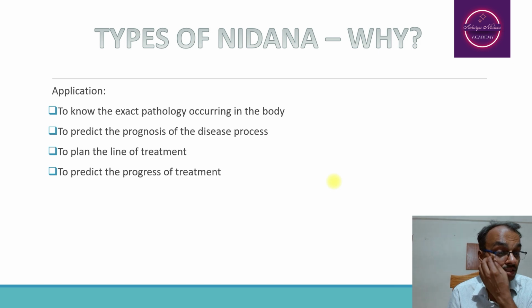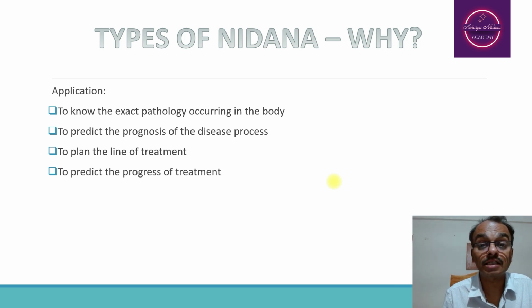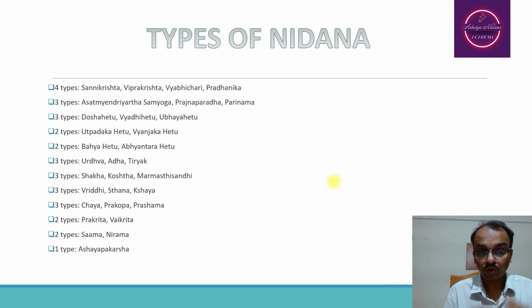If the injury is widespread, then we have to bring those pathogens into the alimentary canal, so that they get eliminated via either the oral route or the rectal route. So planning the line of treatment is one of the main significances of knowing the Nidana. Another is to predict the progress of treatment, that is, how far the person is improving. This is about the significance of knowing the Nidana.